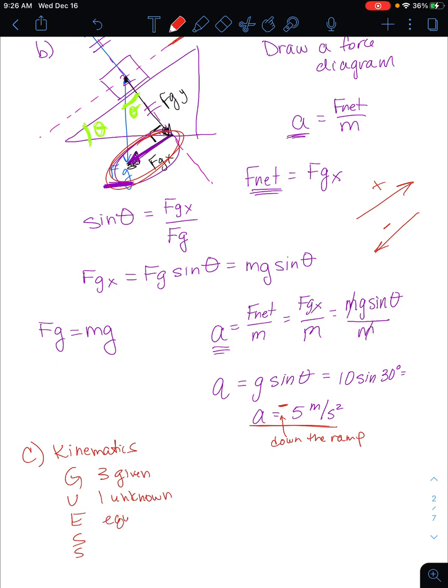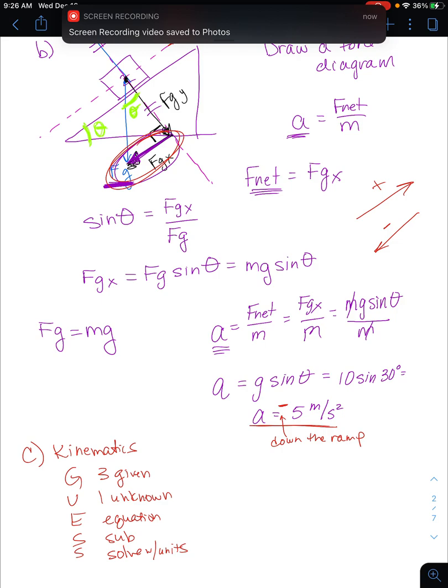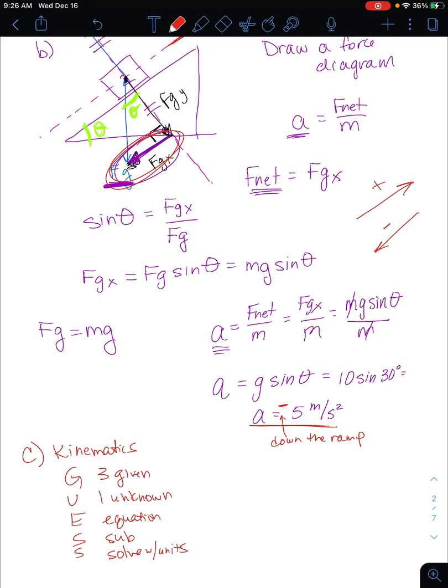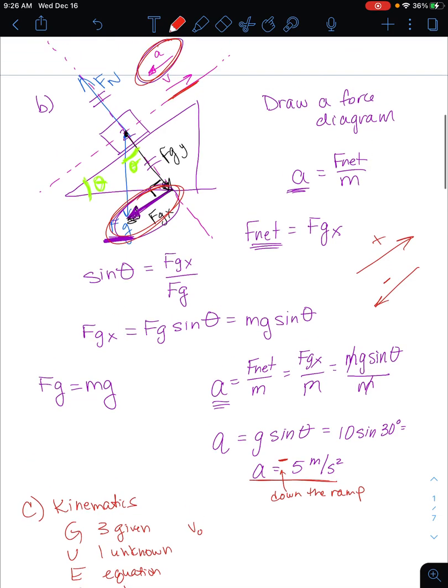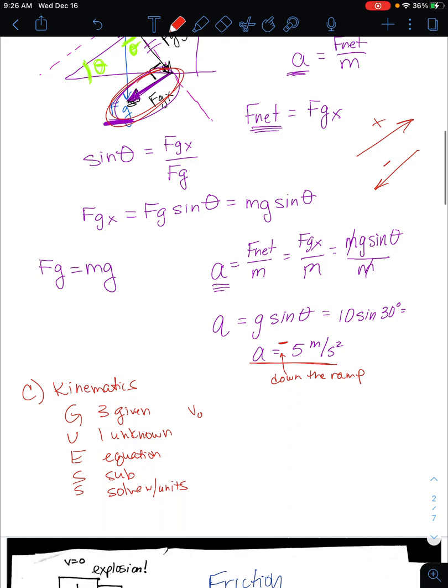I'm going to find what equation I need in order to substitute my numbers in and then solve with units. All right, so for my 3 given variables, I know the starting velocity of block 2. I solved for that right here, that the cart was going 2.5 meters per second when it encountered the ramp.